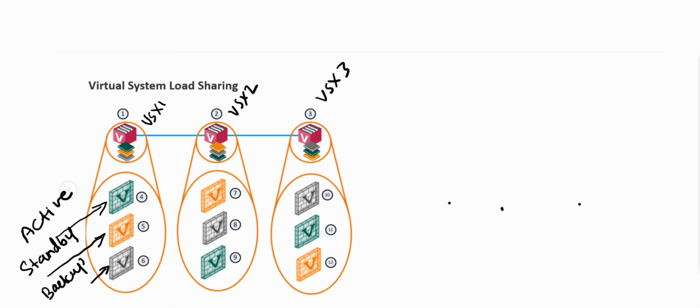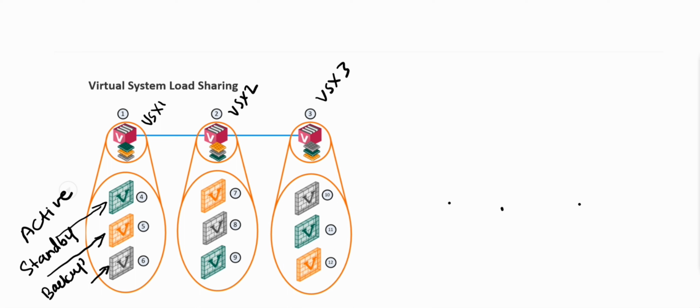So consider on one VSX gateway I have 3 virtual systems configured, and likewise I have 3 VSX gateways, VSX1, VSX2, VSX3, and in these 3 gateways I have also configured 3 virtual systems.